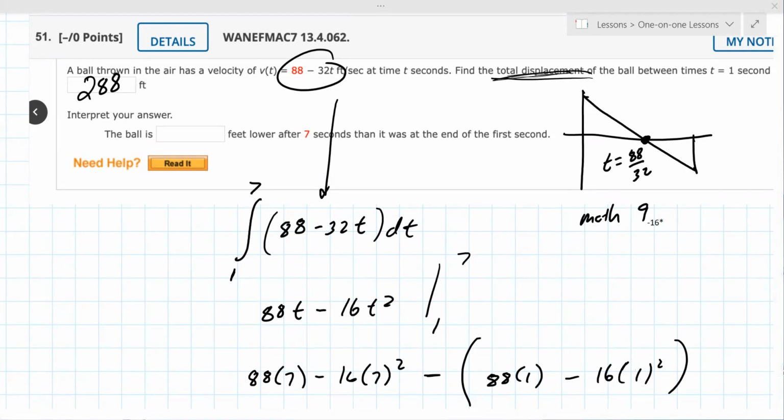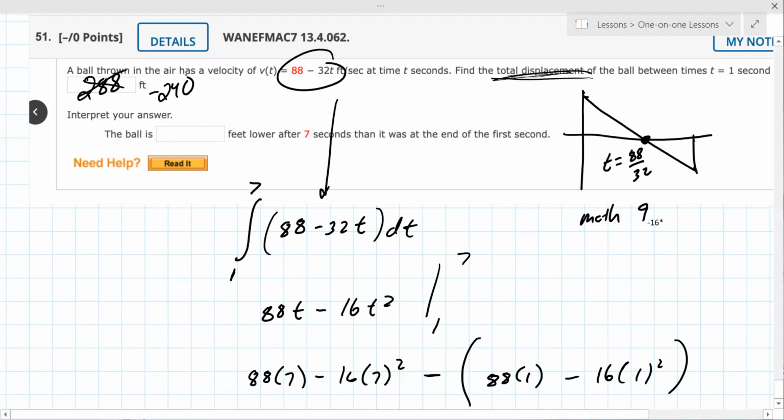I'm surprised. Let me check this on a different calculator. Integral of 88 minus 32x from 1 to 7. Yeah, I get minus 240 when I throw it in the calculator.